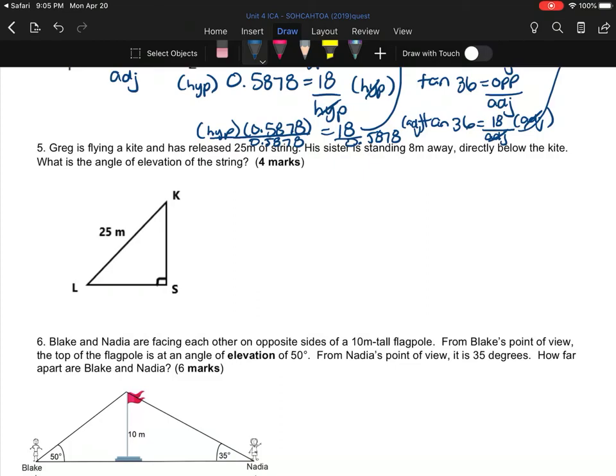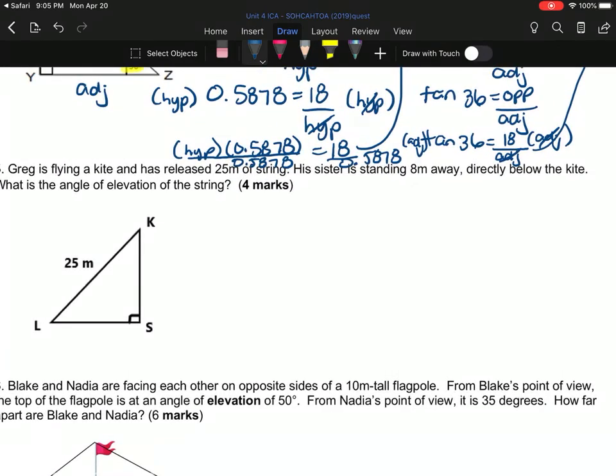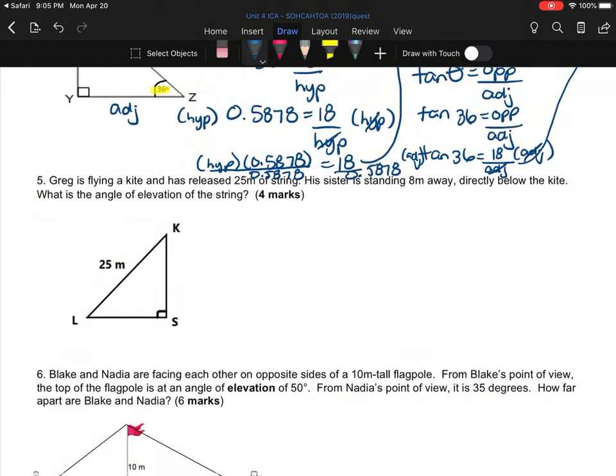Okay? So why I used L is weird, but his sister is standing 8 meters away directly below the kite. So K for kite, and you can think about it like if you had a kite flying up here on a piece of string.